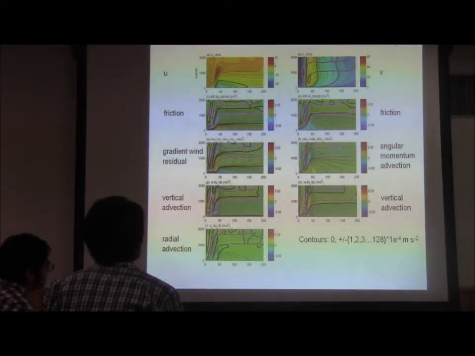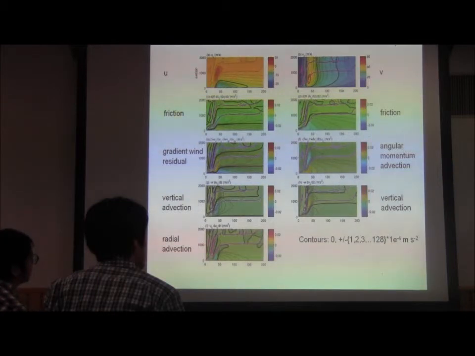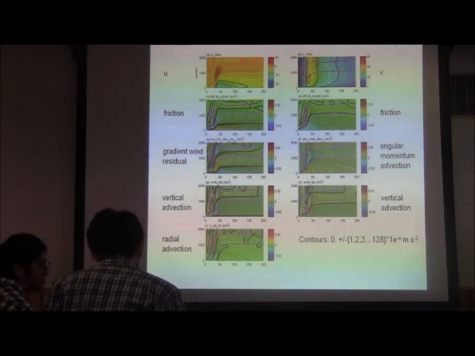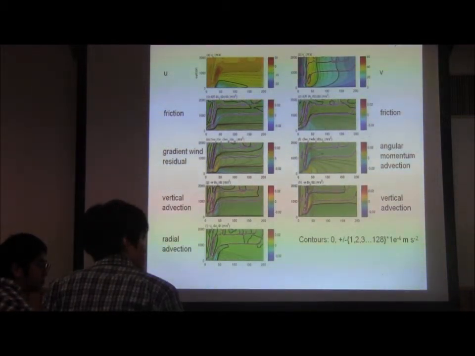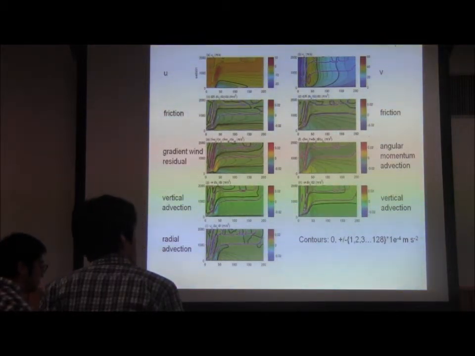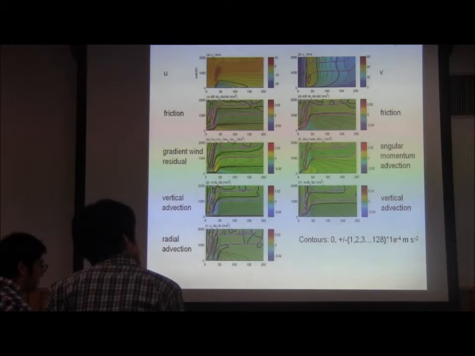It may indicate that the convection is important. Yes, it potentially does, although in this model there's no buoyant convection. In an actual cyclone, the buoyant convection may very well be important as well.